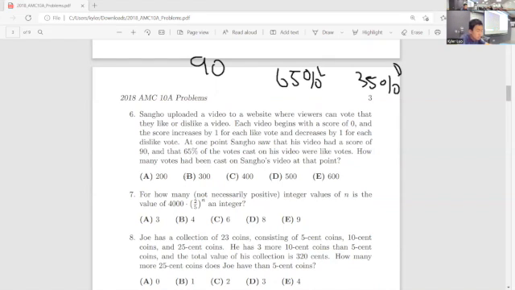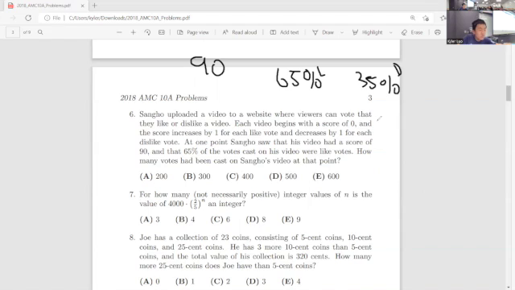Okay, we're gonna do 200 times 0.65. And so we have 130, and 200 times 0.35 is 70, and 130 minus 70 is 60, and it's not 90.